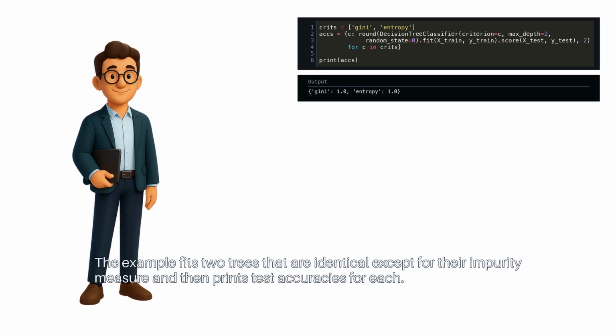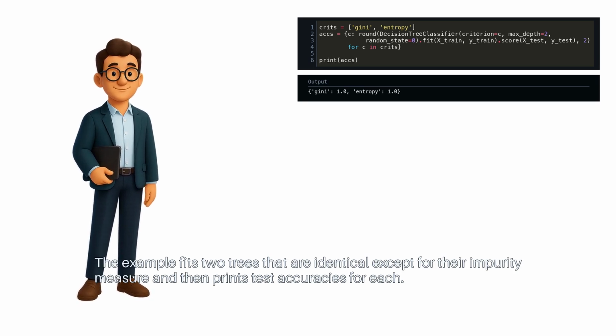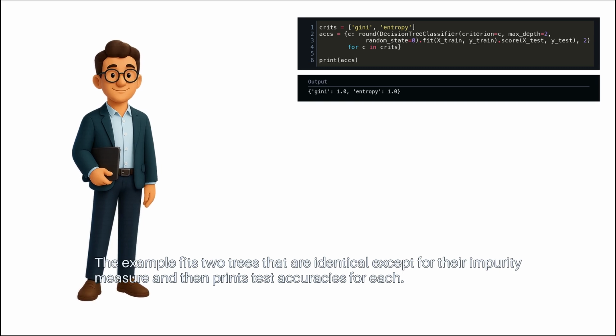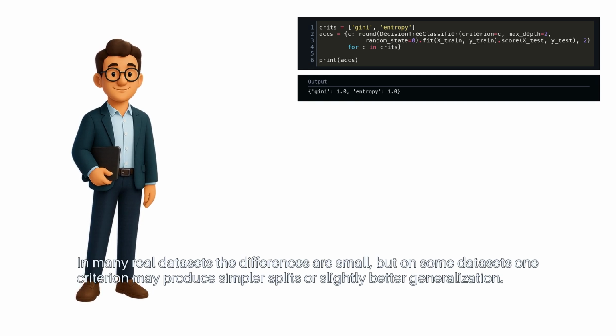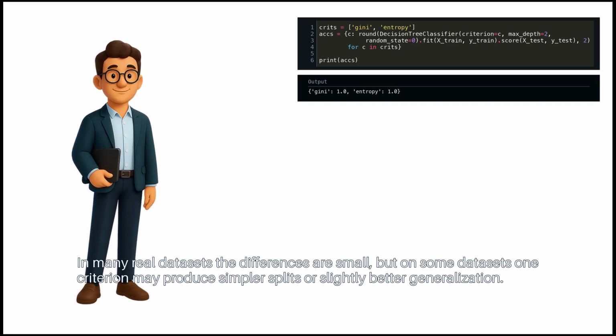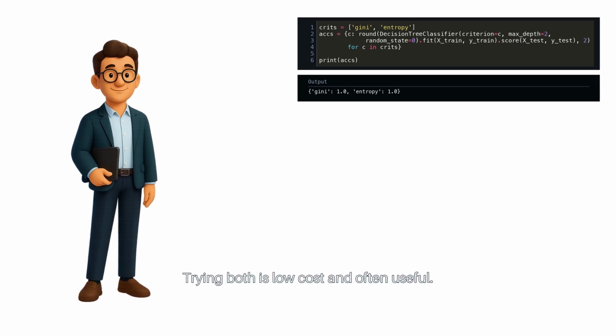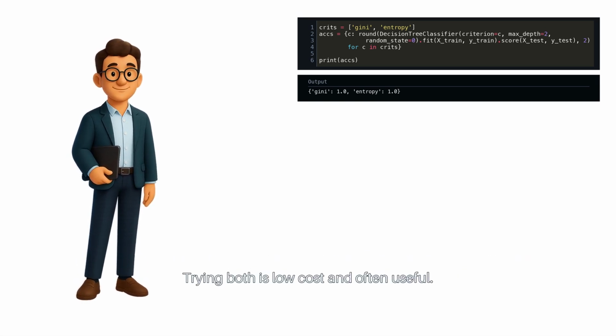The example fits 2 trees that are identical except for their impurity measure, and then prints test accuracies for each. In many real datasets, the differences are small, but on some datasets, one criterion may produce simpler splits or slightly better generalization. Trying both is low cost and often useful.